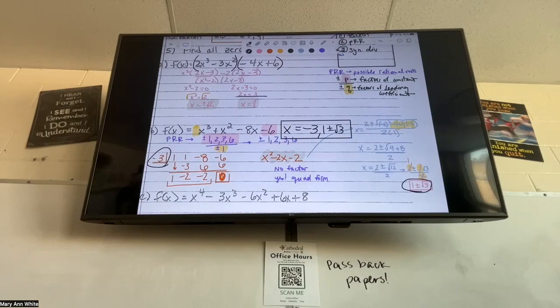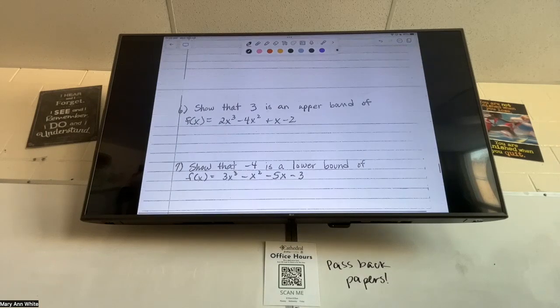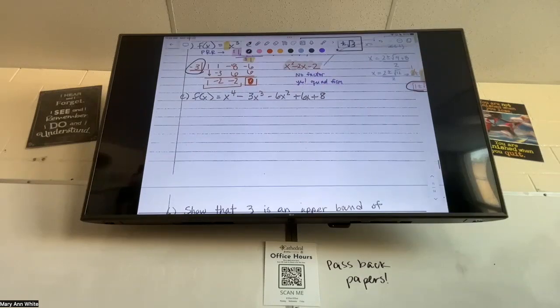Just like before, my factors were plus or minus root 2 and 3x. Okay. Let's do another one. It's gonna be just like this. It's gonna be just about as many steps, okay? We've got one more like this, and then I've got one other tiny skill before we're done for today.